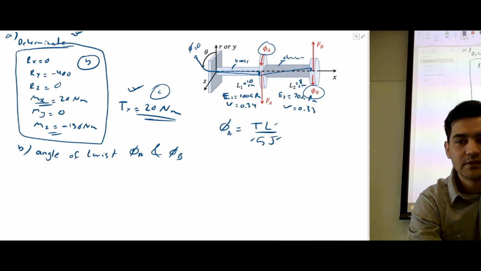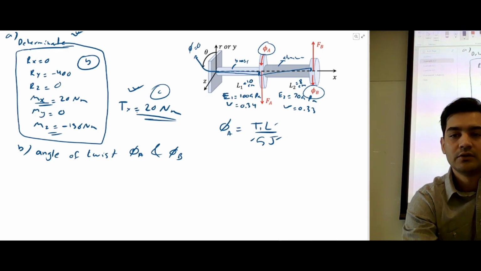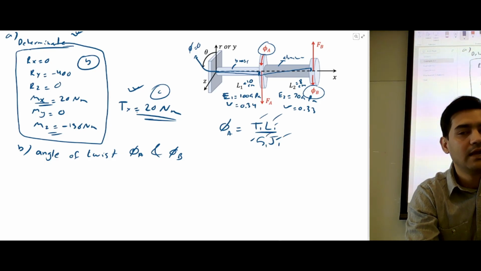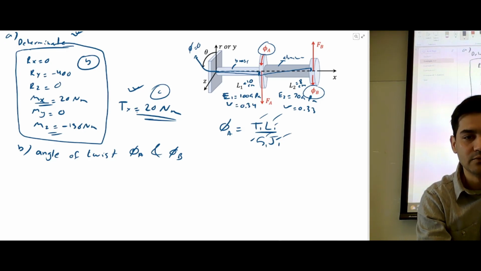If you want to calculate the angle of twist for A, you need a torque T1, you need the length L1, you need G1, J1. So if we know T1, L1, J1, G1, we can calculate the angle of twist. Let's just try to find these values.